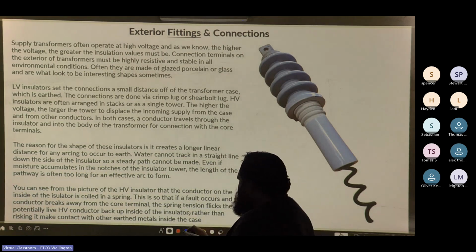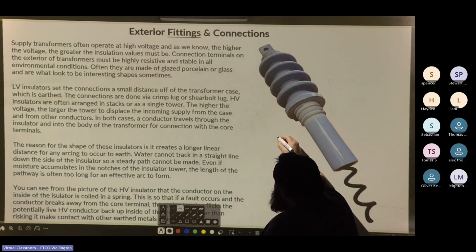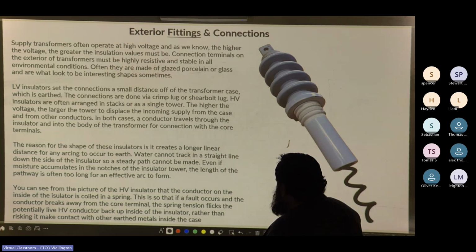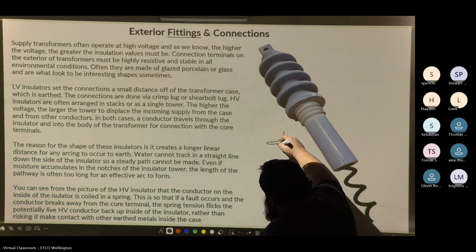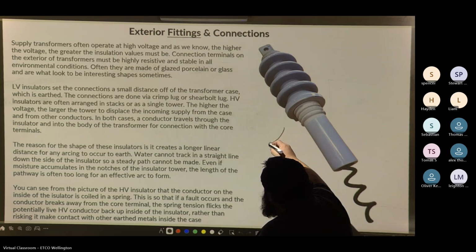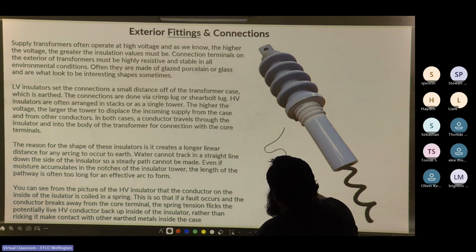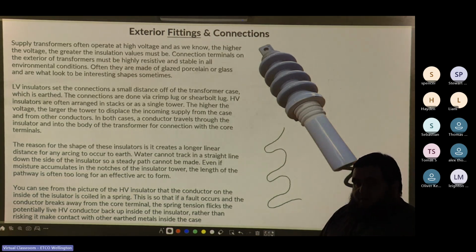You can see it up here, but more often than not, the transformer insulators, or even on the overhead lines, use this domed effect to it. I know it looks rather weird. Can anyone tell me why that is?